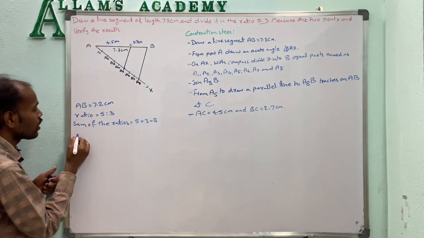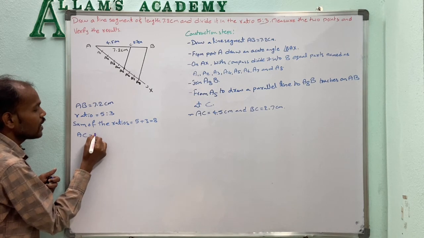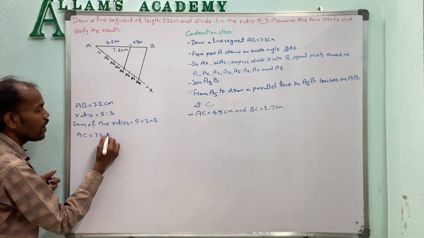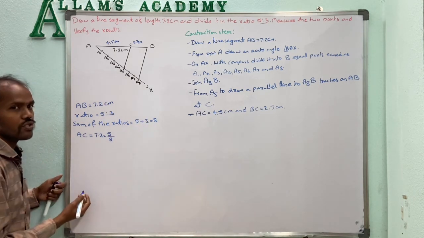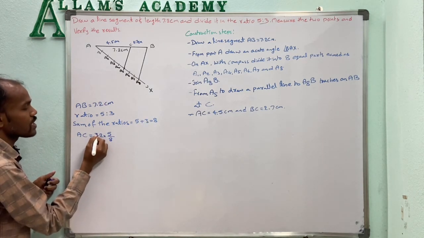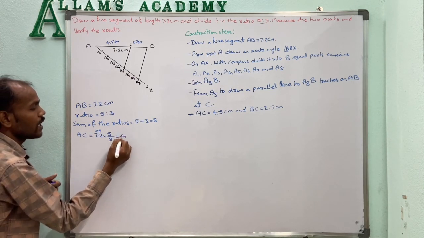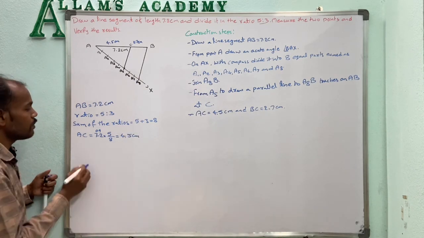Now AC is 5 parts of the total 8 parts of 7.2 centimeters. One part is 7.2 divided by 8, which is 0.9, so 0.9 into 5 is 4.5 centimeters.